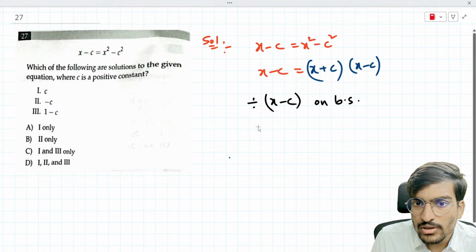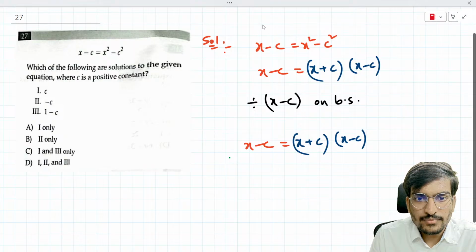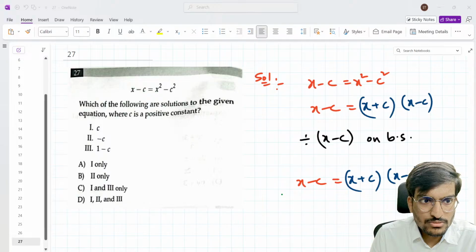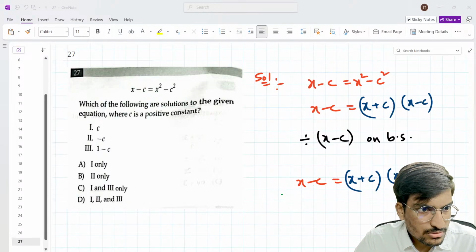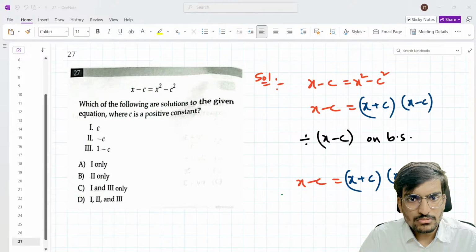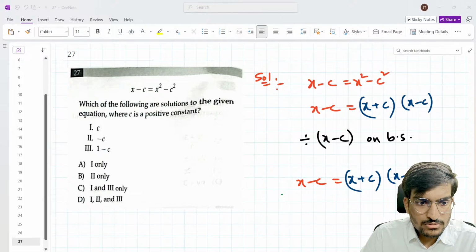miss a solution. So why is this happening continuously? I don't know. Just hold on.